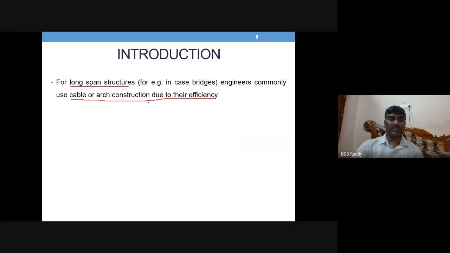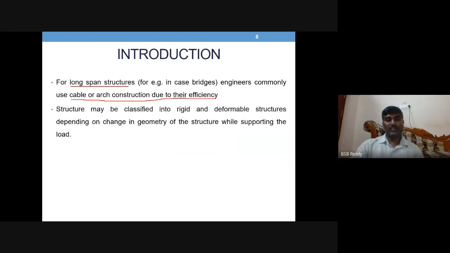So that's why normal beam column constructions are not at all sufficient. They can't take care of the load over the long span. That's why we go for either cable or arch construction. So that is a point to be made.